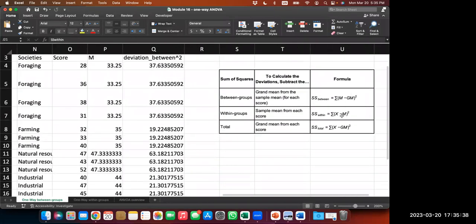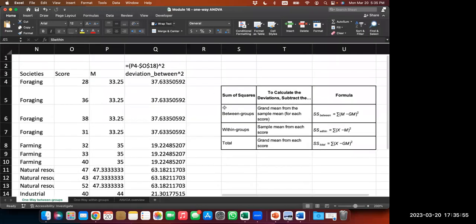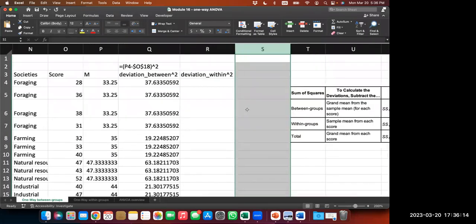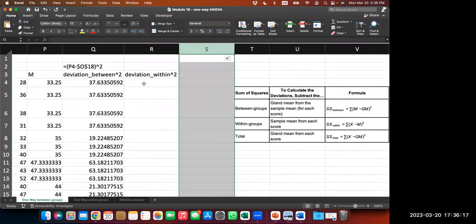So now what's next? Now we have x minus m. That's the sum of squares within. Remember, we are quantifying the deviation within the groups, and we're getting now to sum of squares within the groups. And this basically allows us to get those sum of squares. So now we have deviations within. So the calculation is here.